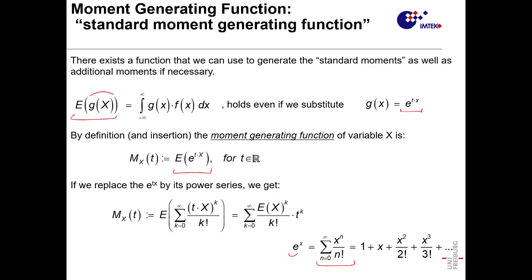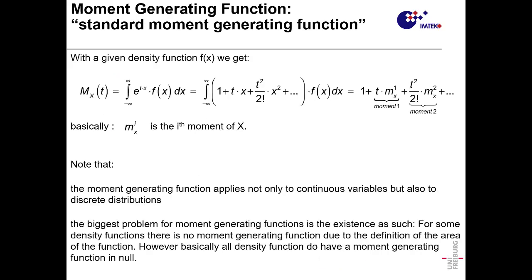So you could replace e to the tx by this approximation, or if you go to infinity, exactly that value. We multiply x by t, because our function has t in the exponent, and then you get this nice power series that defines all the moments of the distribution.